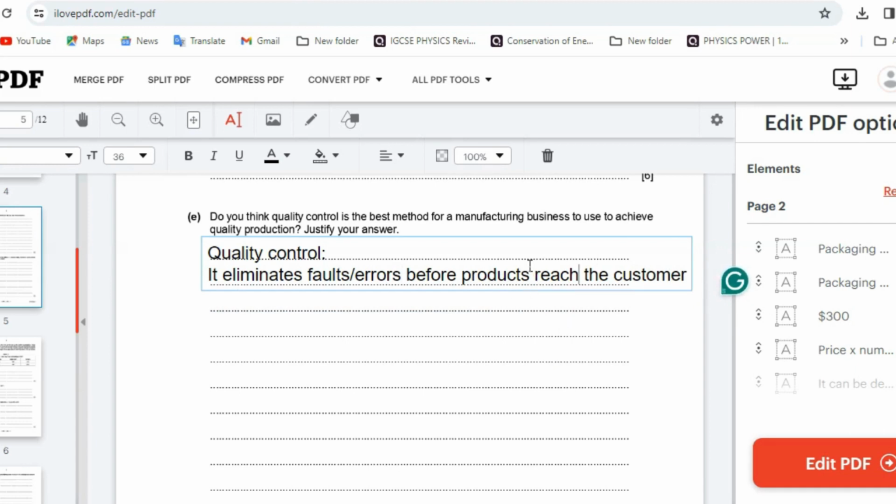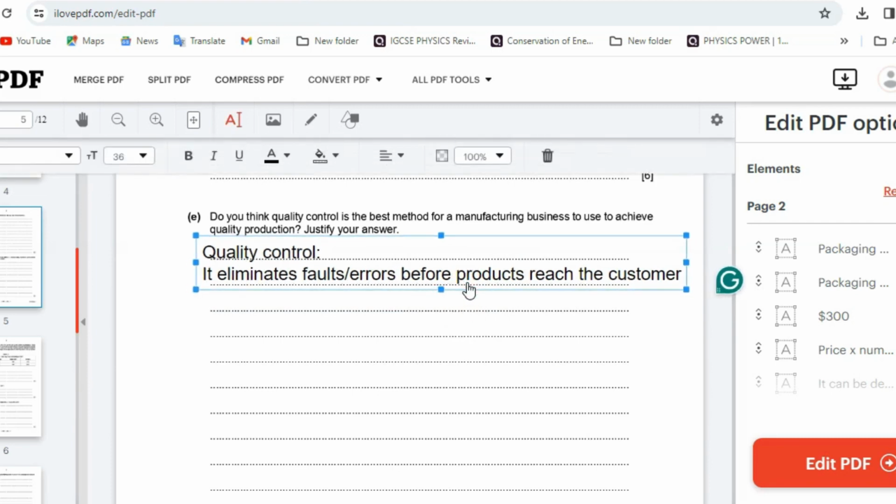And you should know that that should actually help them to maintain their what? It will help them to maintain their reputation. Yes. Let us move to another point.